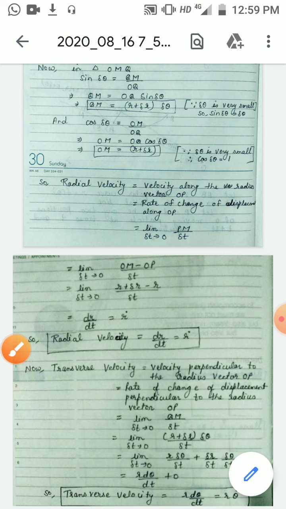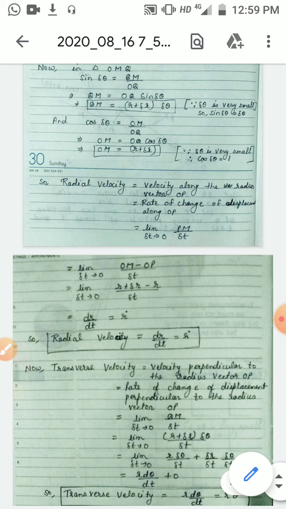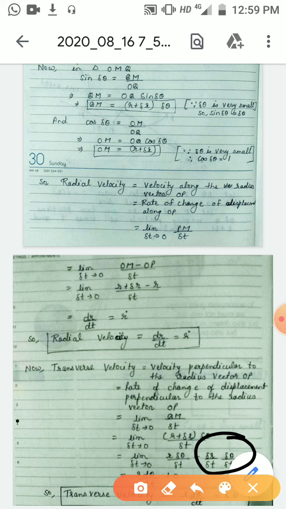Opening the bracket, we can write limit delta t tends to 0 of r delta theta by delta t plus delta r by delta t into delta theta.